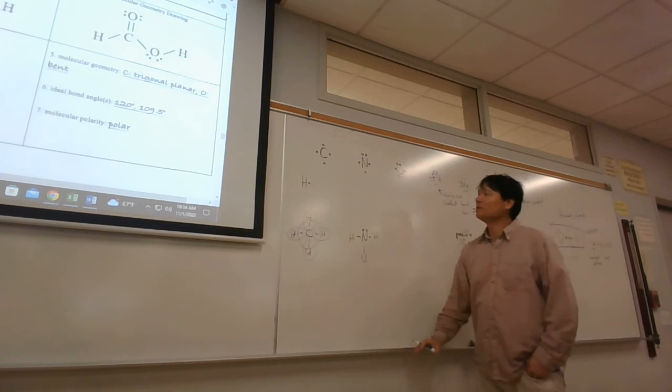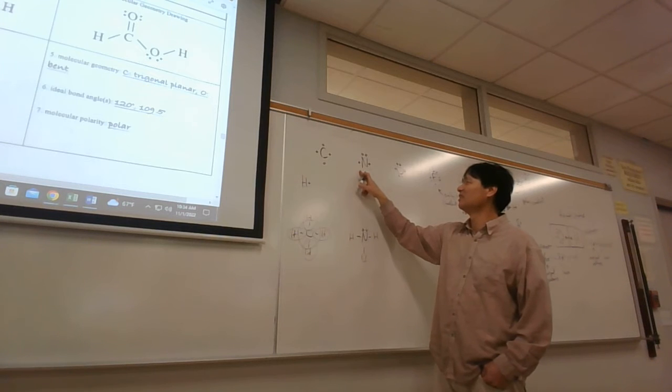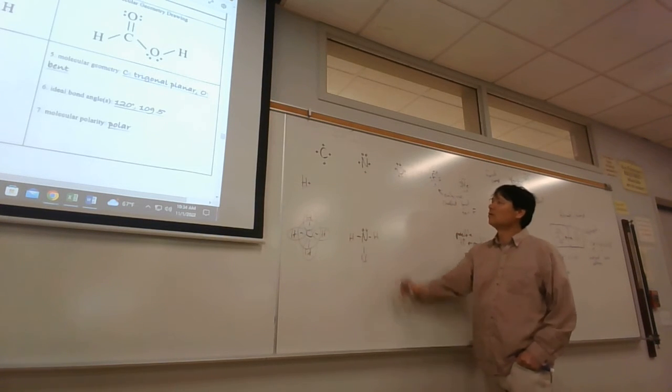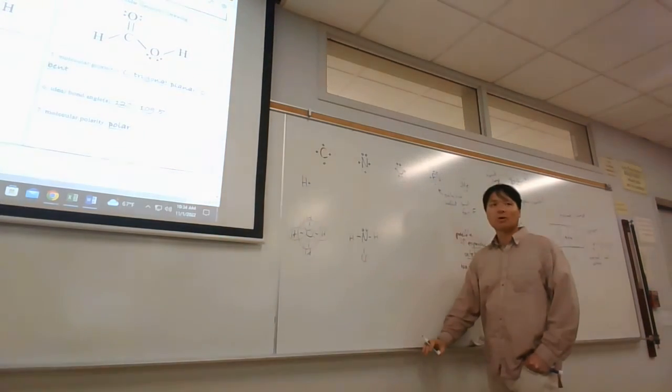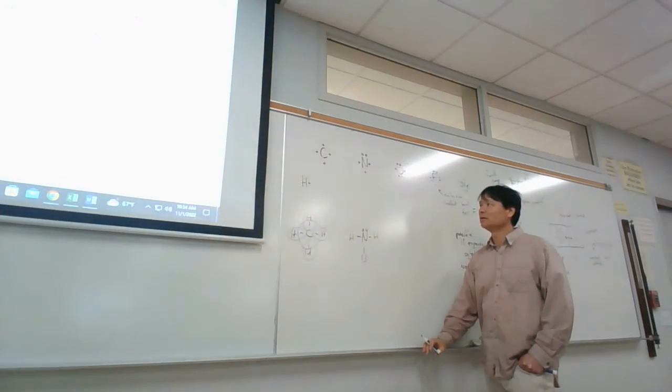Things can get more complicated. For example, carbon and nitrogen, or nitrogen and oxygen, that gets more complicated, depending on how we do it.